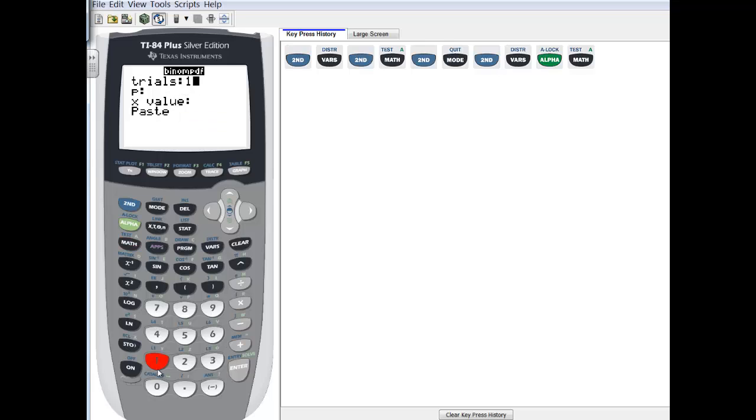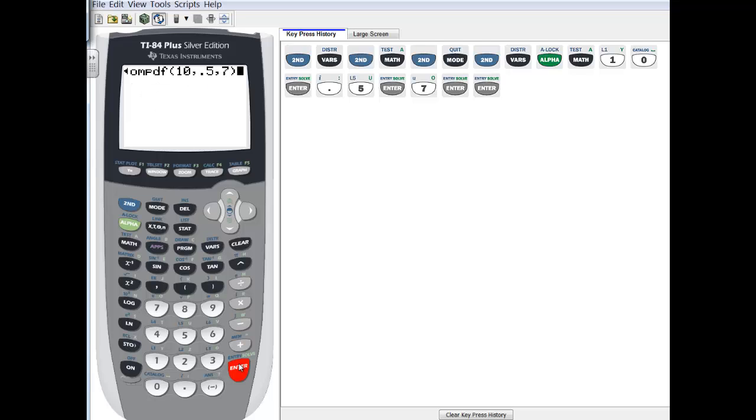So we're going to enter 10, 0.5, and the x value was 7 because we're looking for the probability of answering exactly 7 questions correctly. We go to paste, press enter, and press enter again. We round to 3 decimal places, unless otherwise told in directions. So that's 0.117 for that question.